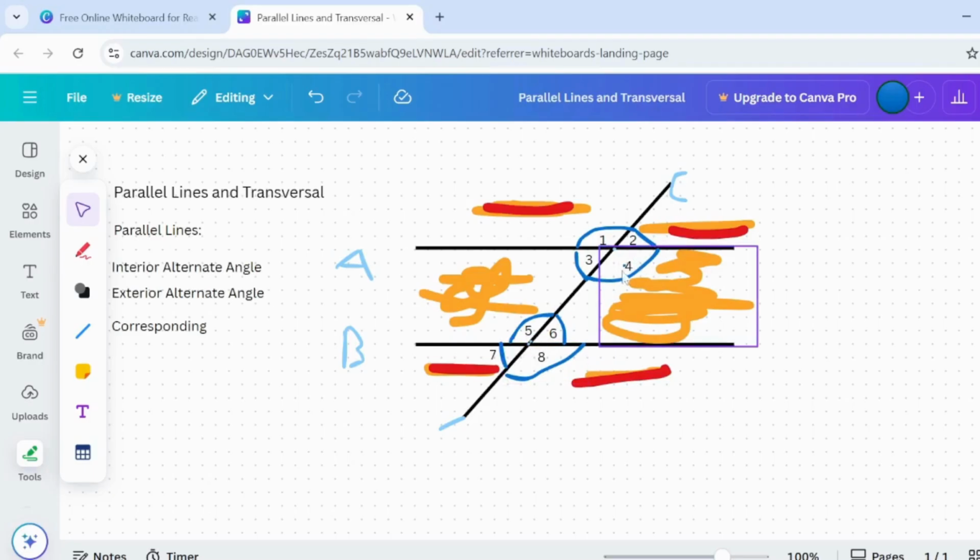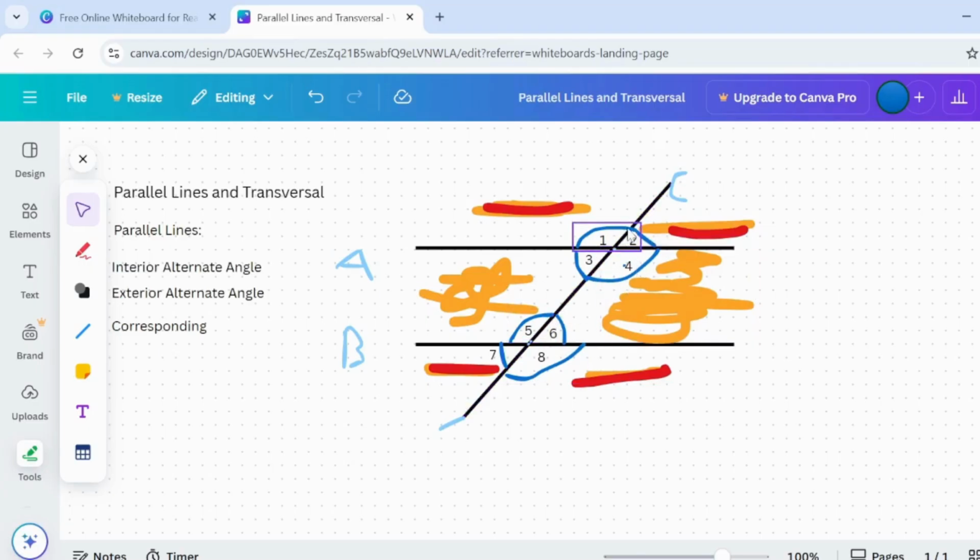So angle 8 and angle 4 are corresponding angles because they lie on the same side of the transversal. One is interior and one is exterior, and they are of the same value and the same shape. So that is one. And if we see angle 2, angle 2 is exterior and angle 6 is interior.